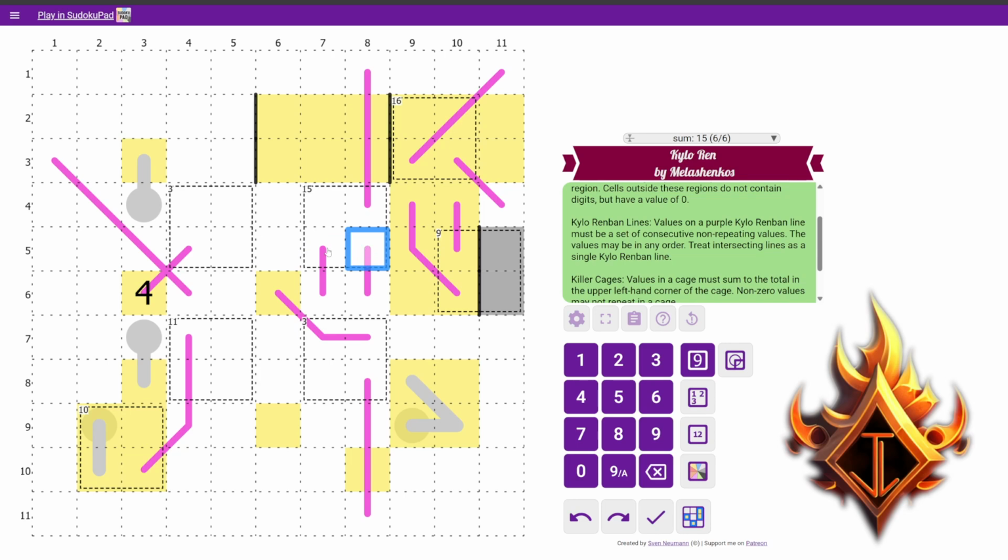If that one is 0, that one is colored. If that one is 0, that one is colored. If they are both colored, then this one would still have to be here. So that is part of the box.